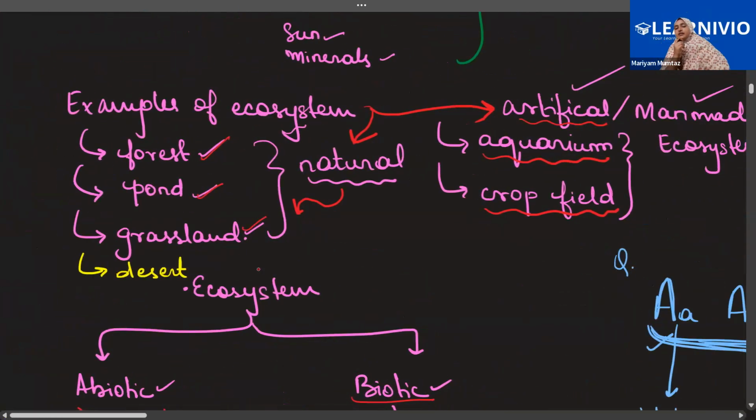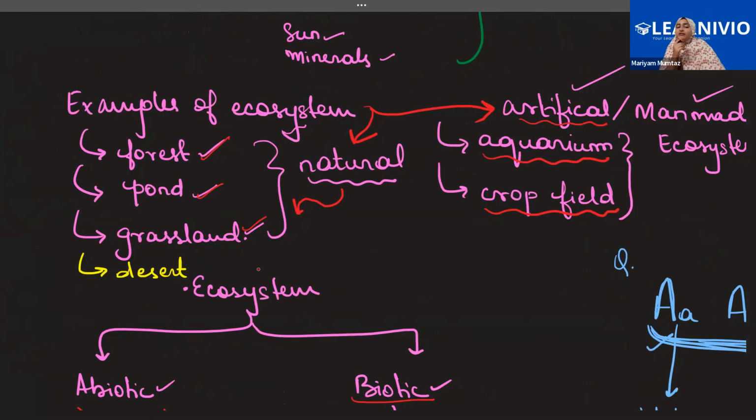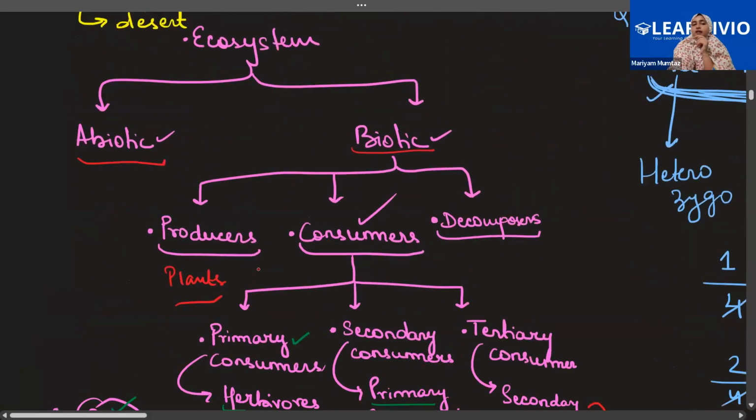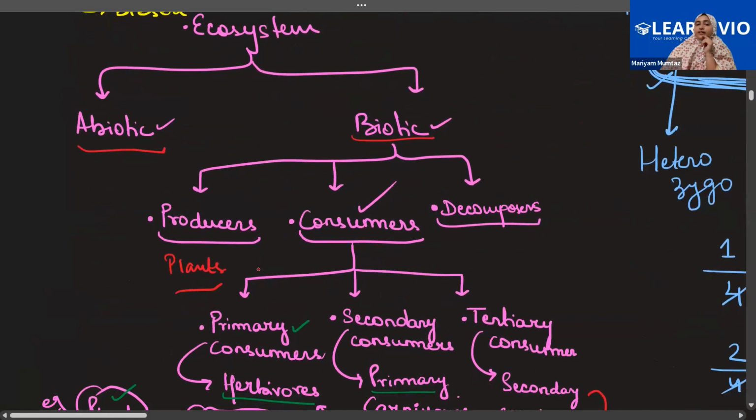Under the natural ecosystem, we have the forest ecosystem, where so many organisms live. Then we have the pond ecosystem, where so many fishes and aquatic organisms live. Then grassland and desert are also examples of natural ecosystems. Now the ecosystem, like I told you, has biotic and abiotic components.